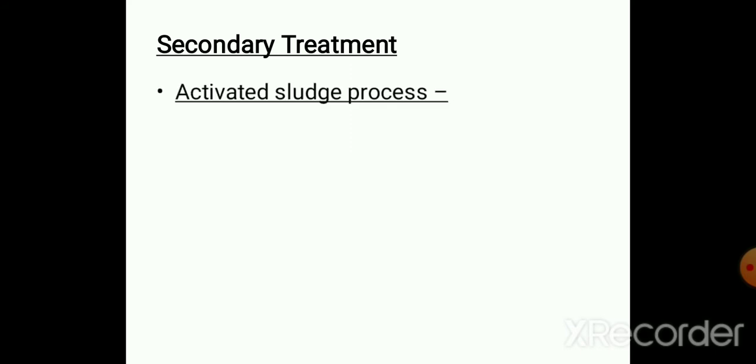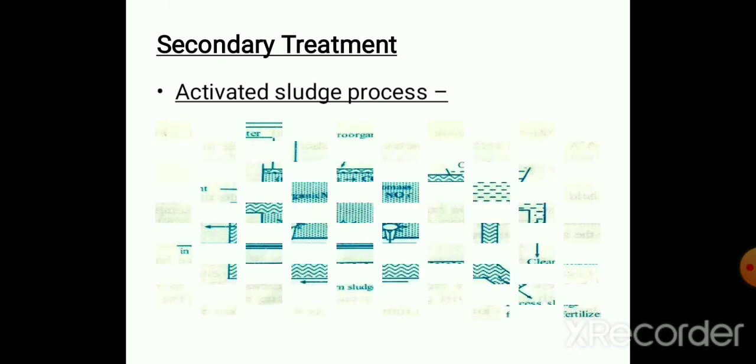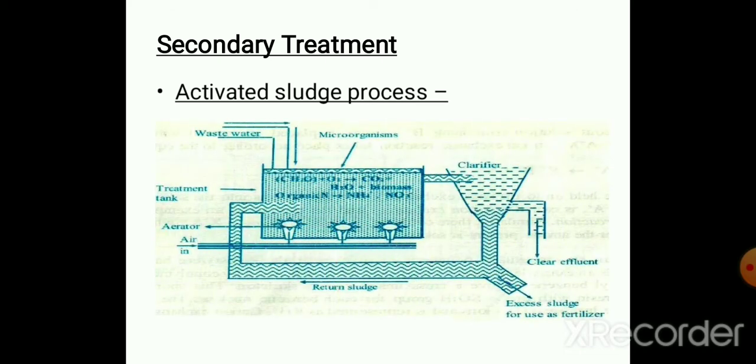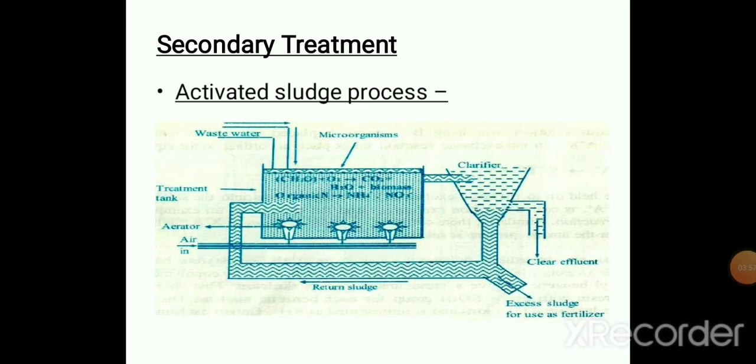So now we'll move towards secondary treatment. This secondary treatment is also called the activated sludge process. This activated sludge process involves extensive aeration of the sewage water and the process of aerobic oxidation by addition of activated sludge.